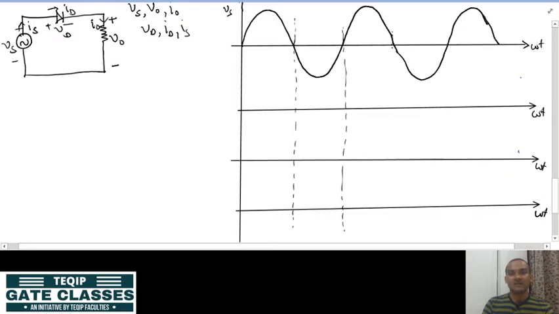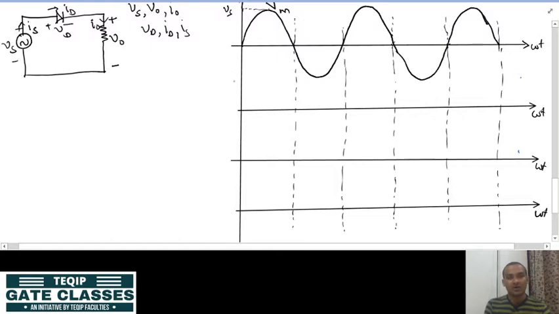Try to make the sine wave as accurate as possible, because that will help you a lot. And let us say this is the amplitude Vm.